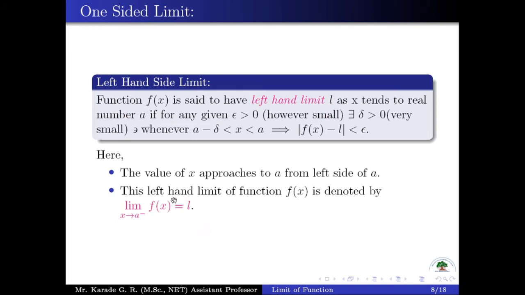This left hand limit of function f of x is denoted by limit of f of x is equal to L as x tends to a minus. The meaning of x tends to a minus is x approaching a from the left side of a.